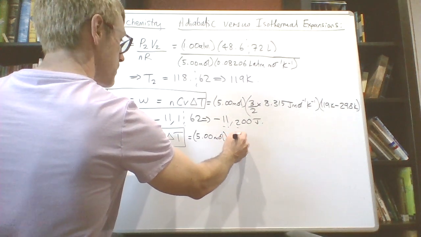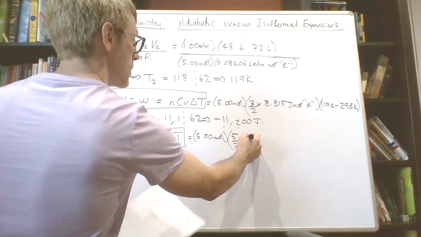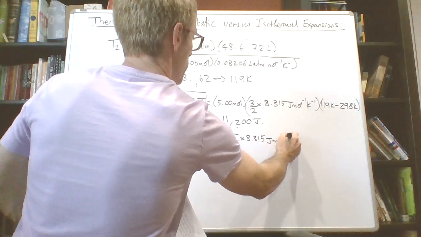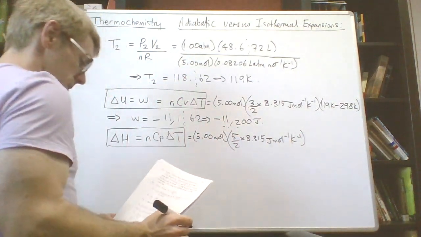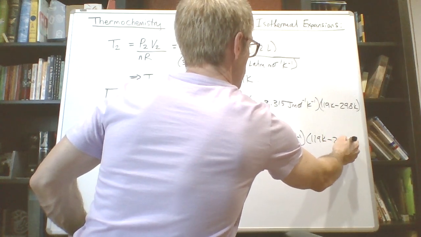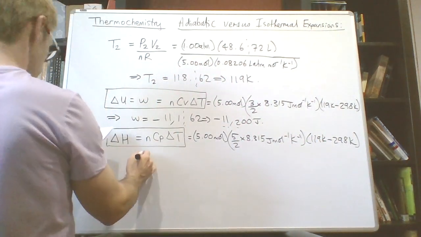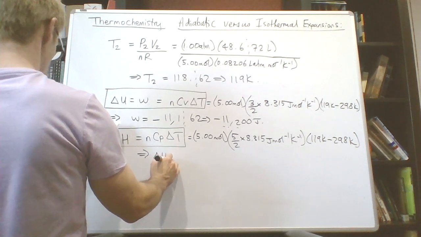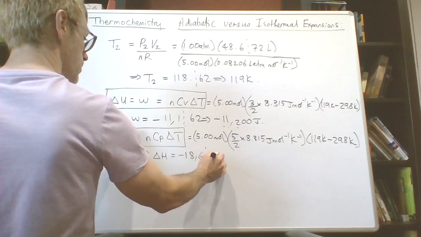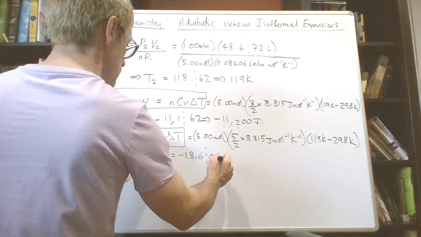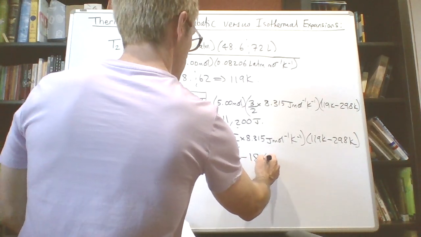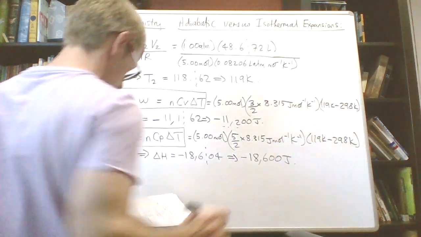CP, recall, is 5 over 2 lots of R. R is 8.315 joule per mole per Kelvin. Final temperature minus initial temperature, 119 Kelvin minus 298 Kelvin. So the enthalpy change is negative 18,604 joules. We only get 3 sig figs, so it's about negative 18,600 joules.